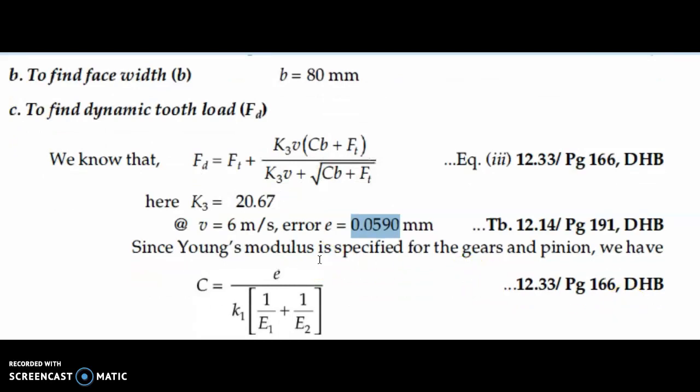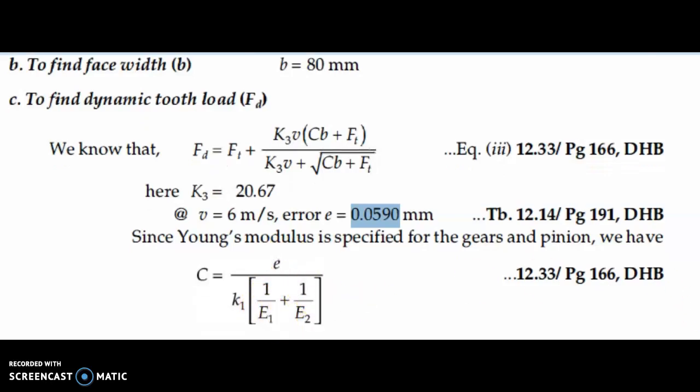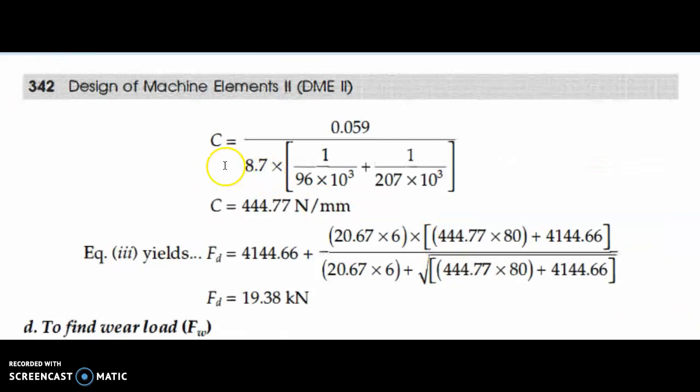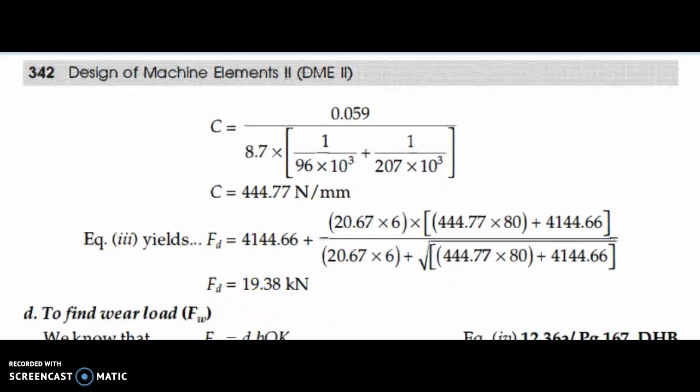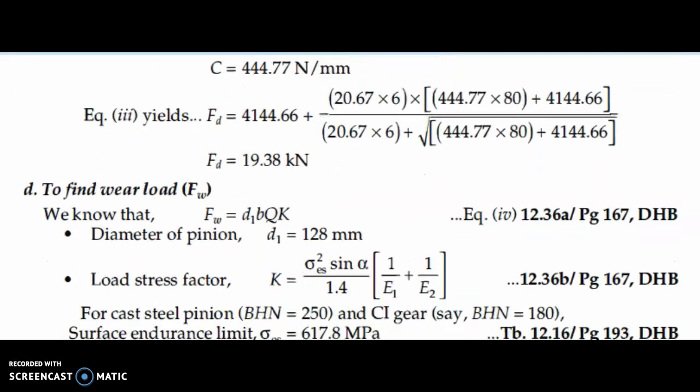This equation is also shown in our data book, that is C is equal to E divided by K1 into (1 divided by E1 plus 1 divided by E2). So using this equation we can find the value of C. Using that C and that value we can find the value of Fd, that is the dynamic load. That is the first question.